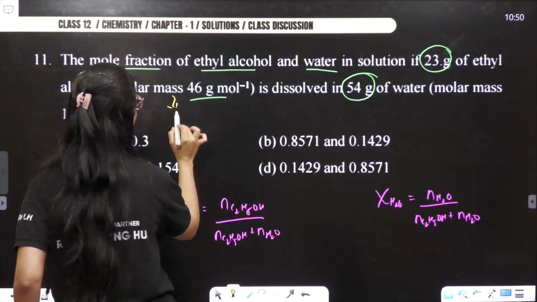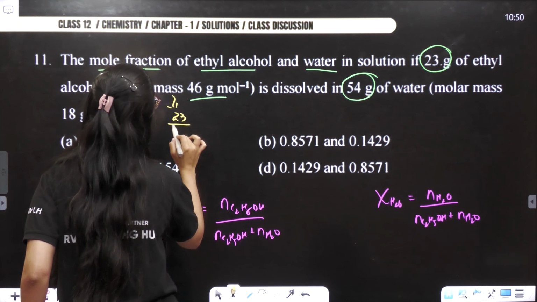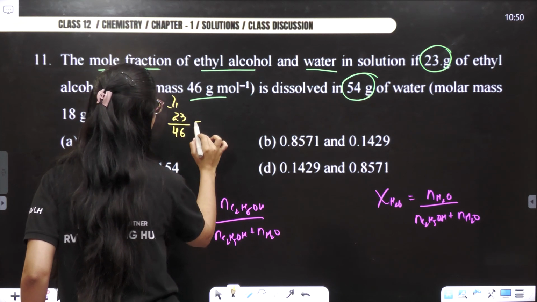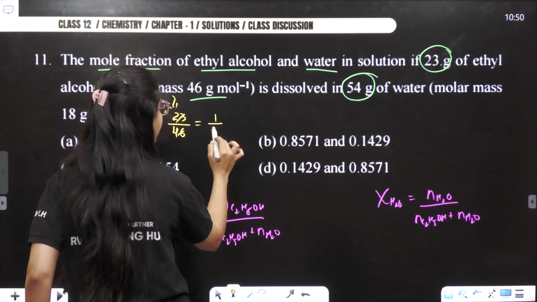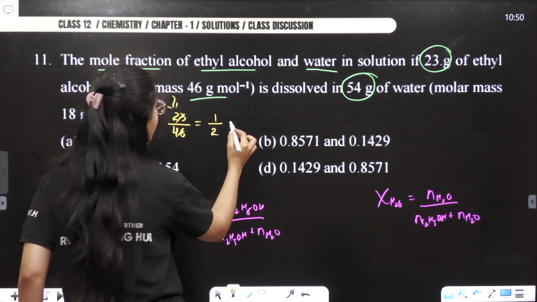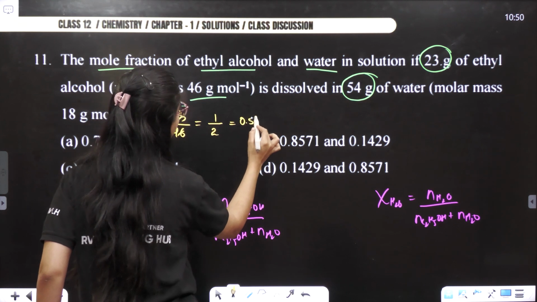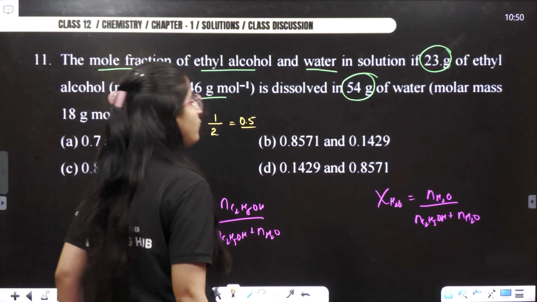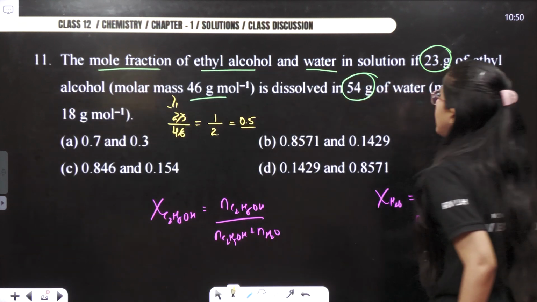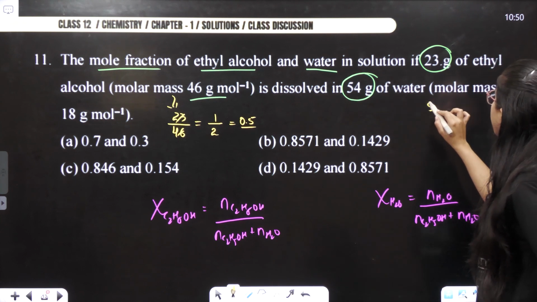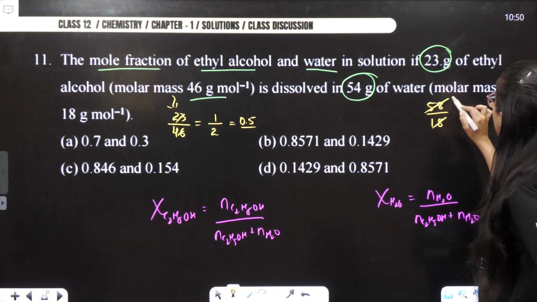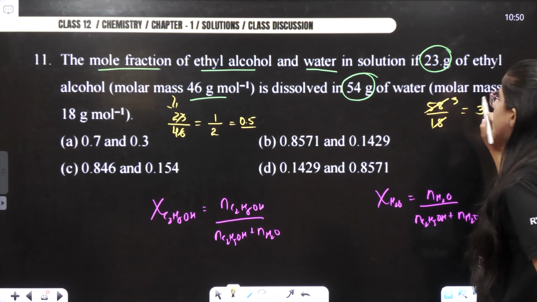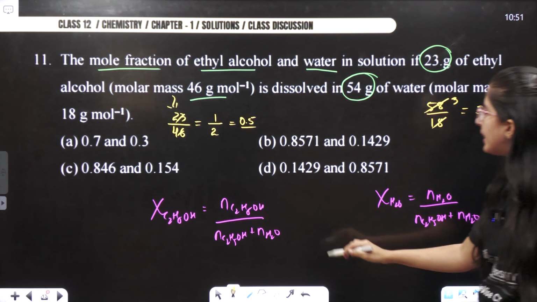Ethyl alcohol number of moles will be what? 23 divided by 46 here, correct? So 23 divided by 46 will be equal to 1 divided by 2, correct? So 1 divided by 2 is nothing but what? 0.5. And 54 grams of water they are asking. So here how much will be 54 divided by 18? 3 sixes are 18, so 3. So what will you be getting here for mole fraction?